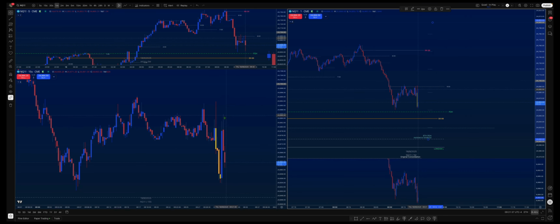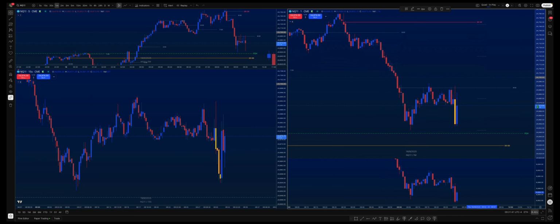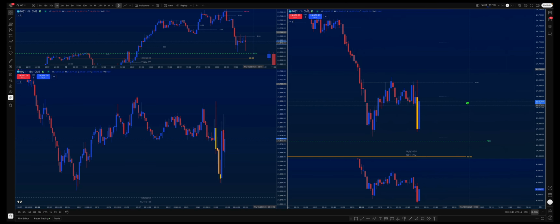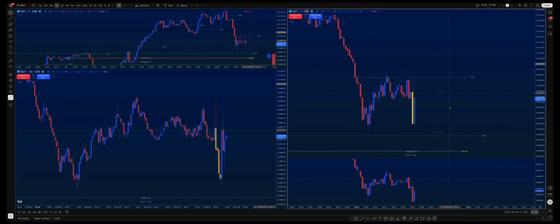So failing to head up to that high on 30. So these lines just represent the institutional levels.